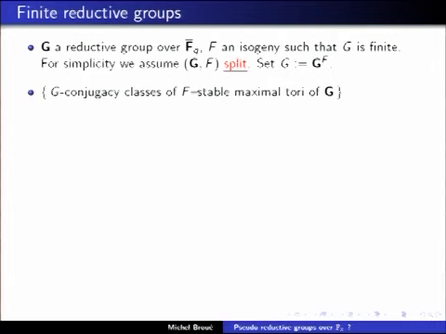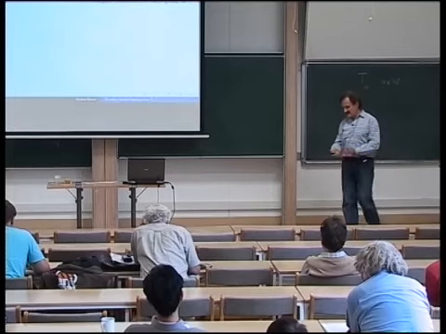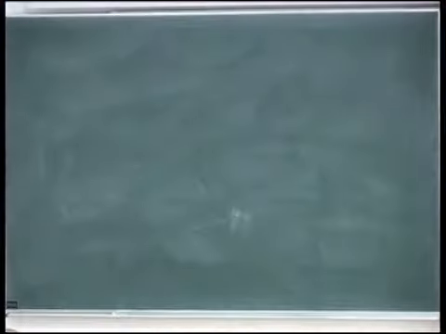Now, the G^F-conjugacy classes of F-stable maximal tori in the maximal groups are in natural bijection with the conjugacy classes of the Weyl group. So for an element w in the Weyl group, I may speak of the torus T_w, which is one of the tori up to G^F-conjugation concerned with this element. That's why I introduced this.